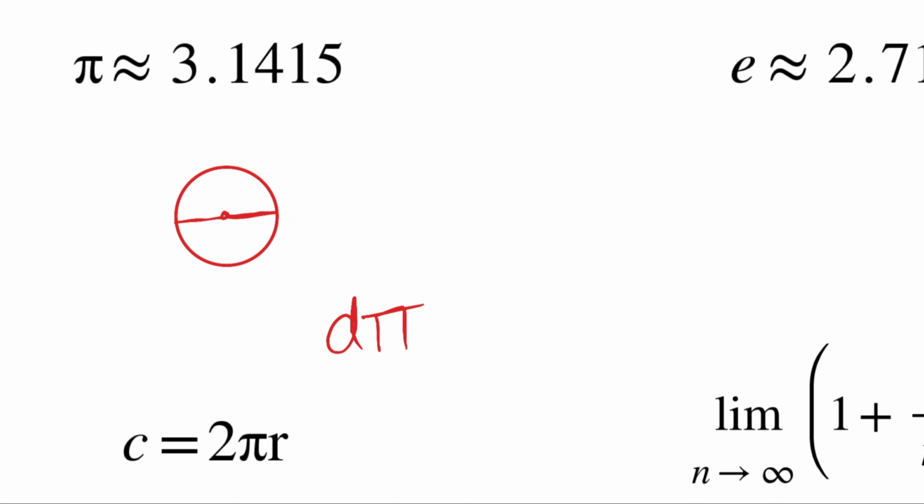So if I put a line all the way through this, pi is a number that takes you from this linear distance to this circular distance, okay? And that's how we kind of figured it out, right? Every time we want to go from a diameter to a circumference, we have to multiply by this number, okay? So it's a special number that helps us relate lines with circles, okay?